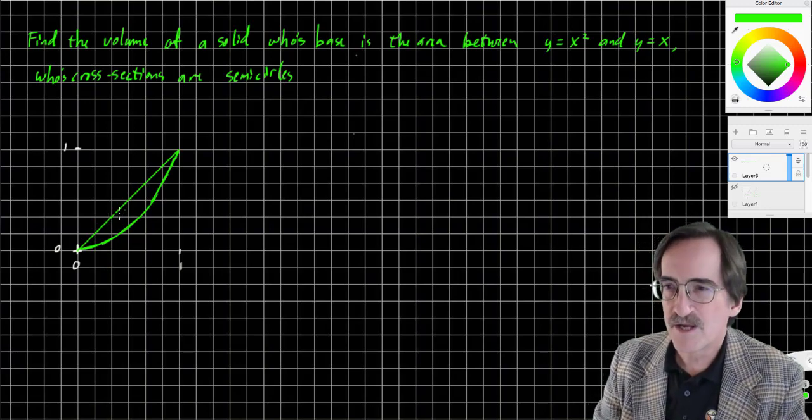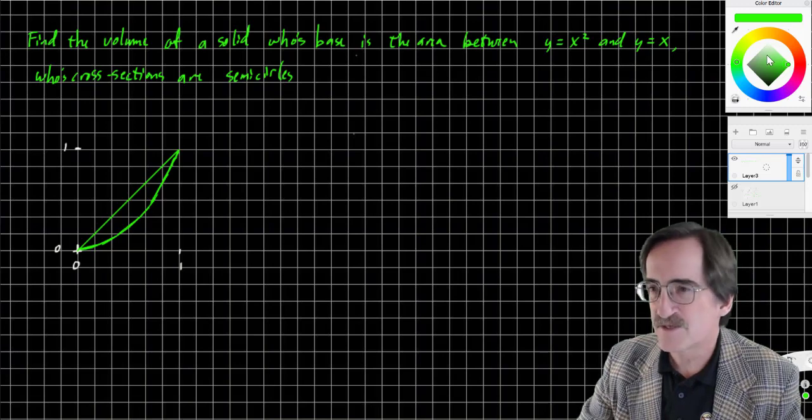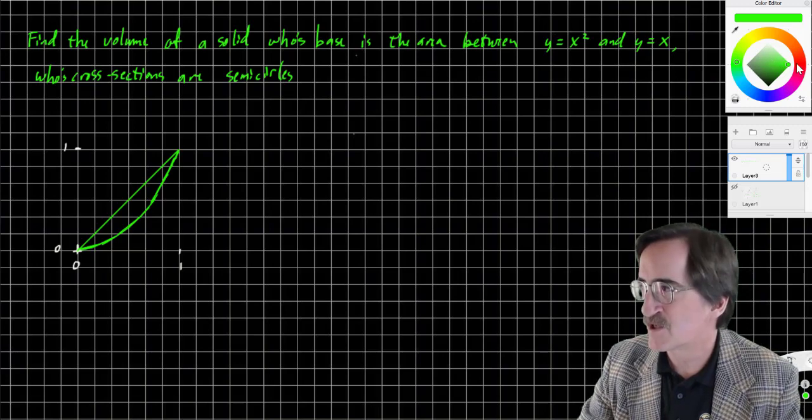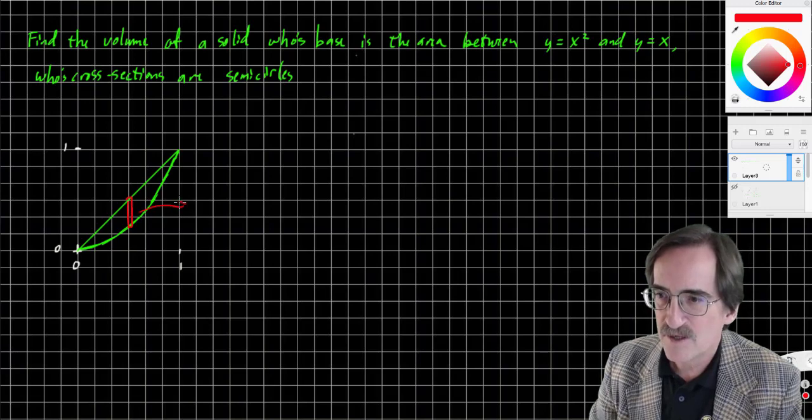And then we're going to take that base and take slices, like slicing an orange. We're going to take a slice, and the cross-sectional area of that slice is a semicircle. So let me draw a 3D view here.